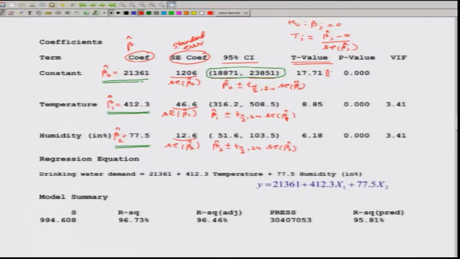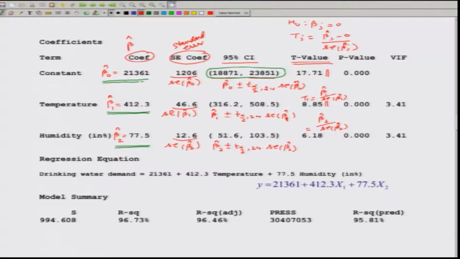This is the value of t statistic for the intercept term, and similarly this is the value of beta 1 hat divided by standard error of beta 1 hat, that we had denoted here as T1, and similarly this is the value of beta hat 2 minus 0 divided by standard error of beta 2 hat. So, these are the values of t statistics.